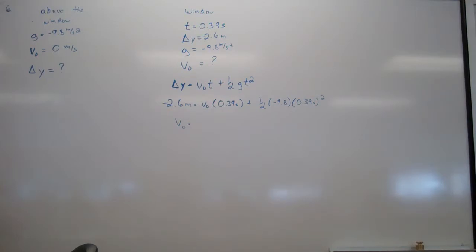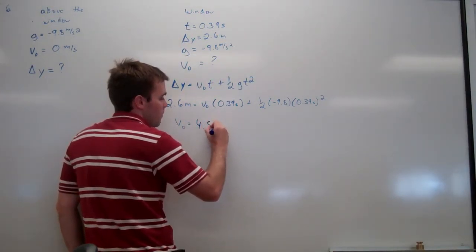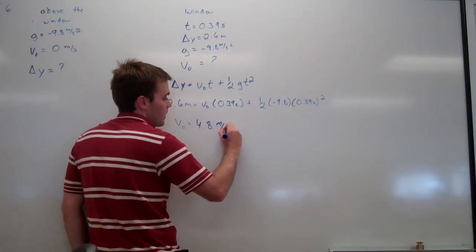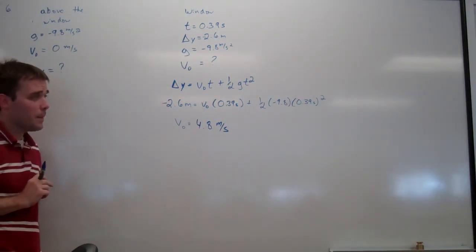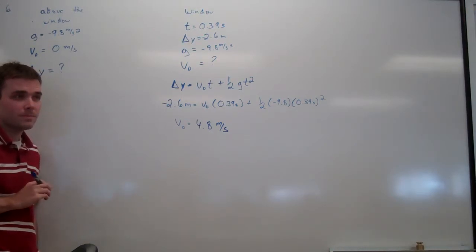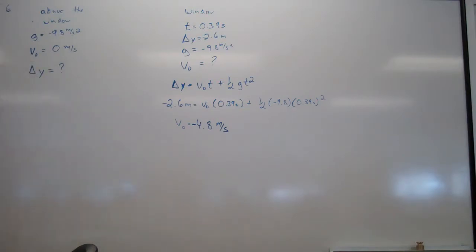What do we get for VO? That sounds about right. Do you get positive or negative 4.8? Negative. And that makes sense because it's moving down. So whenever it's moving down, we're going to get a negative velocity.